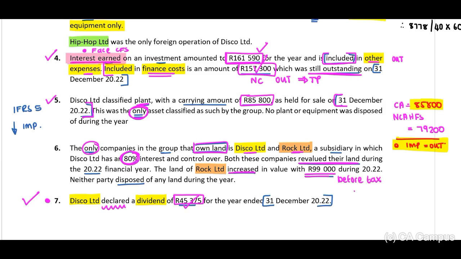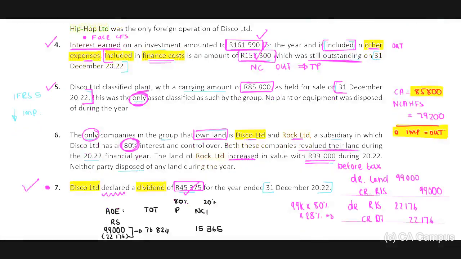Therefore, if the land increases, we will debit our land with the 99,000, and we will credit our revaluation surplus with the 99,000. We will debit our revaluation surplus and credit our deferred tax with the 99,000 times 80% times tax rate 28%.